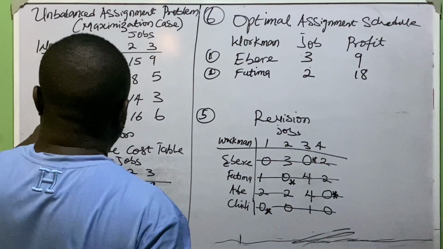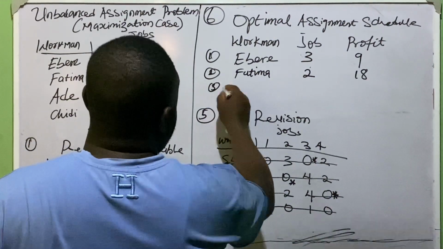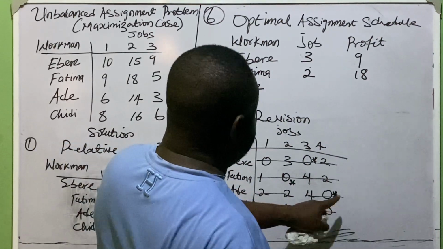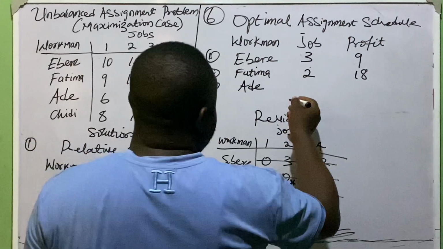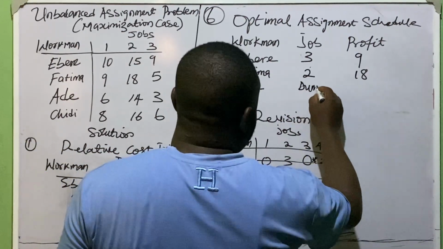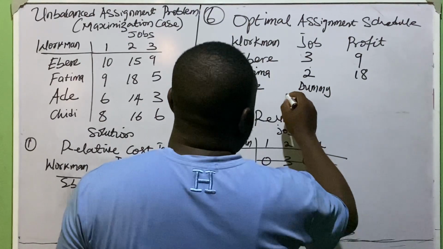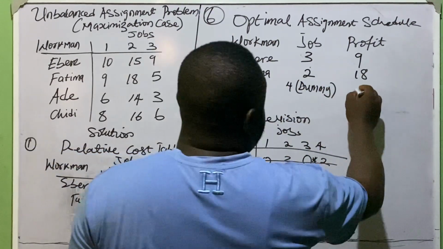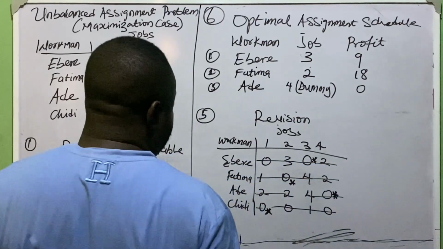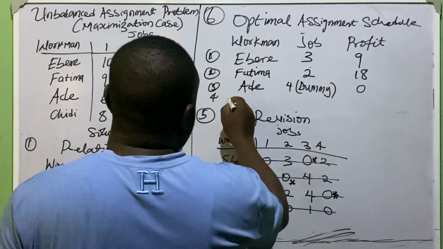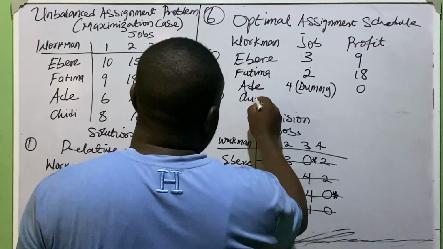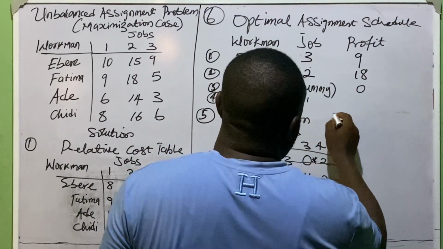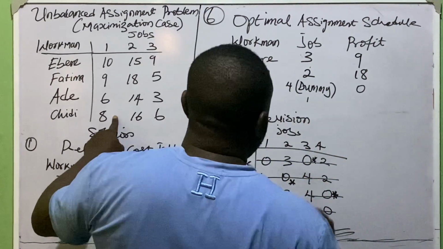Then Ade will take the 4th one, which is the dummy. The cost is 0. While Chidi will take job 1, and it is 8.